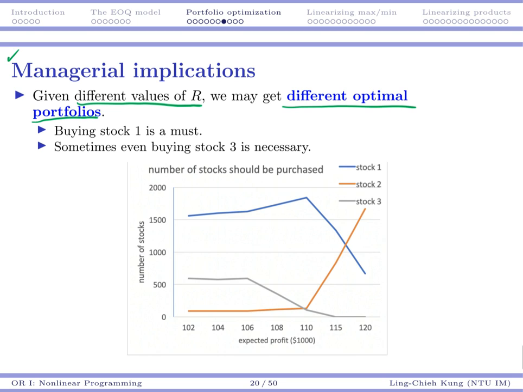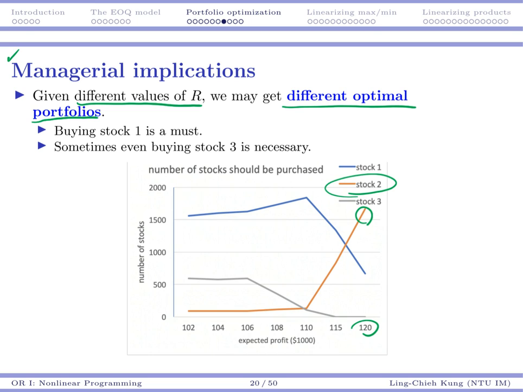For example, when your expected profit becomes higher and higher, you're going to allocate your budget to these three stocks in different ways. If you want 102, 104, 106, with a higher and higher expectation, you're going to see that eventually you really need stock 2, because if you don't buy stock 2 as much as possible, you're not going to meet your target.